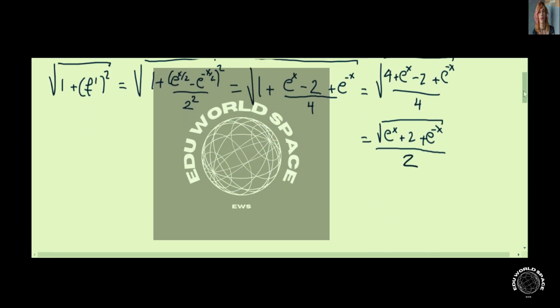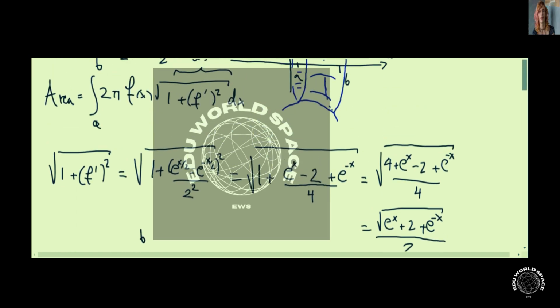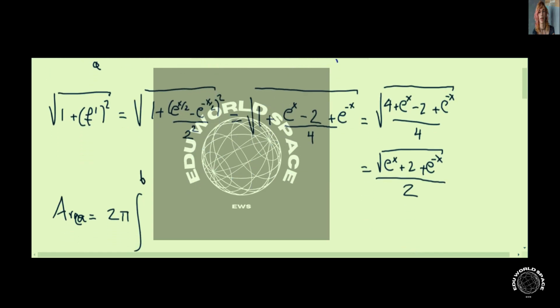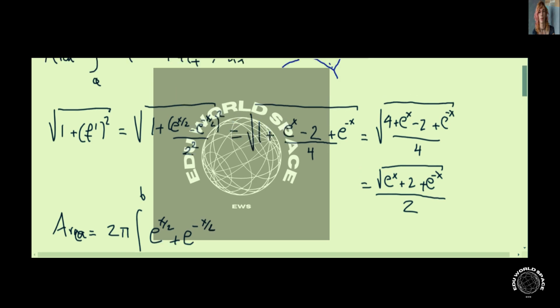so the area is going to be equal to 2 pi times the integral from a to b of our function, that is e to the x halves plus e to the minus x halves, that is our function.